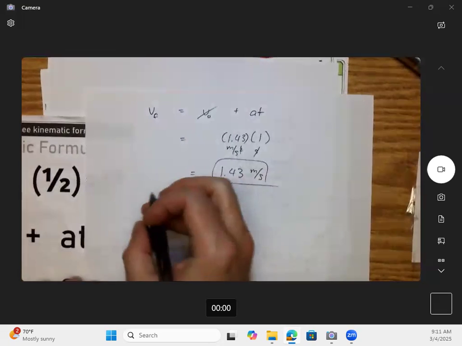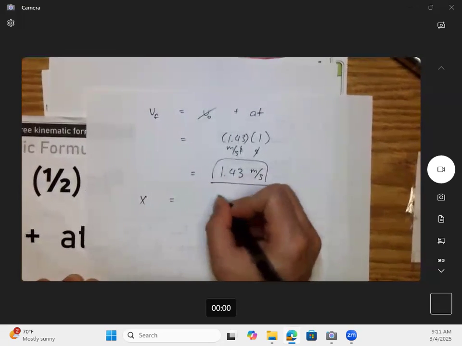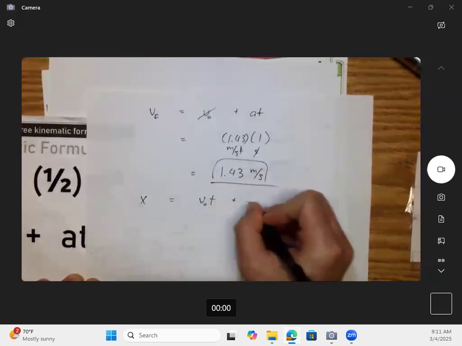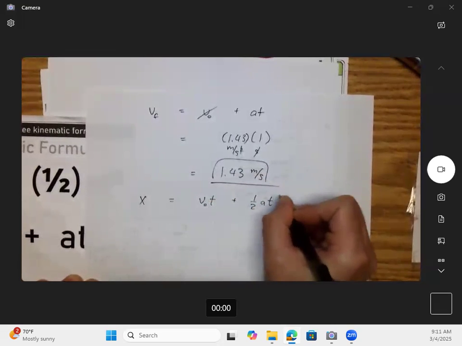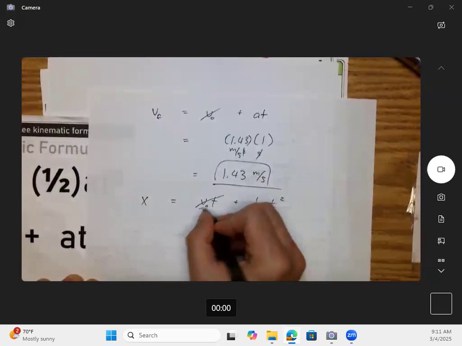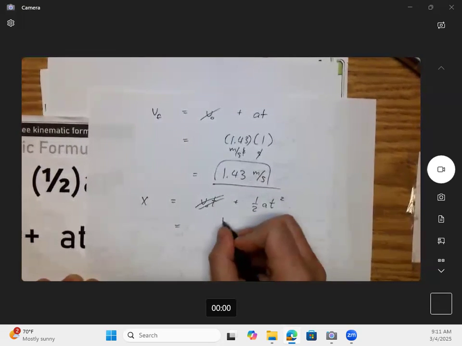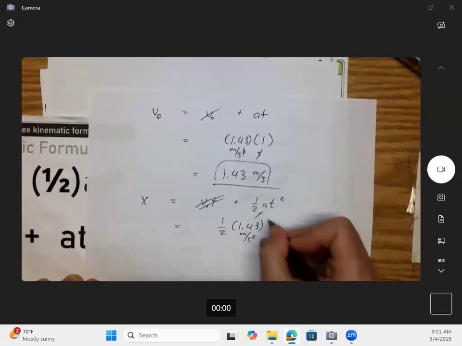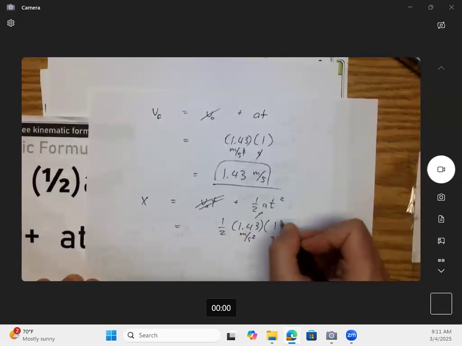How about how far after 1 second? What formula are you guys going to use here? Yeah, V naught T plus half AT squared. How far is a function of time? If it starts from rest, this bit goes away. So let's do 1/2 times 1.43. That's meters per second squared, the acceleration. And we're doing it for 1 second.